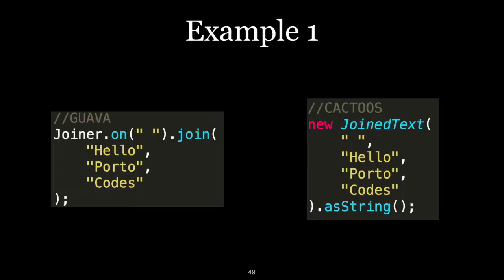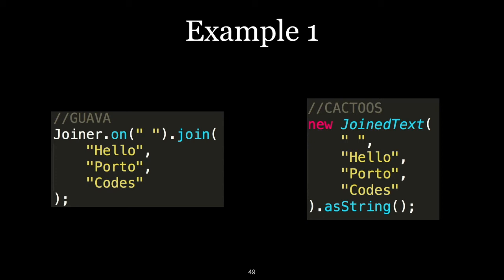So for example, over there in Guava, I'm trying to join those three strings, and on the right, I'm trying to do the same, but using Cactoos. At first sight, maybe the Guava seems simpler, it has less code, but I'll ask you to take a moment and reflect on that code.